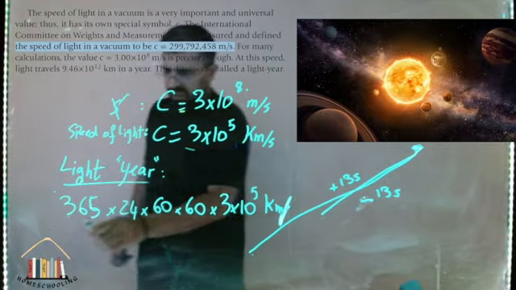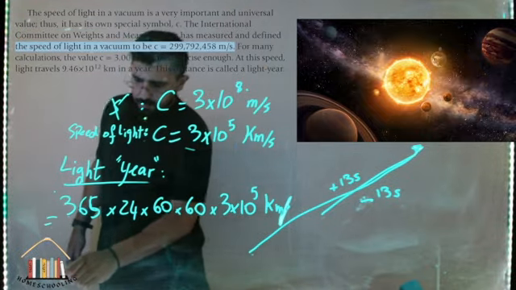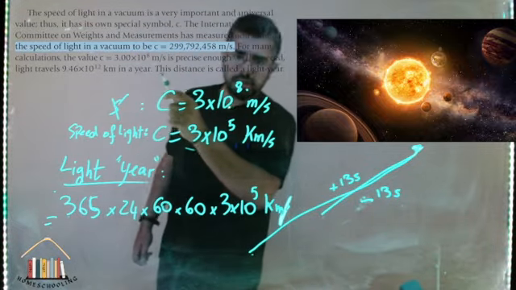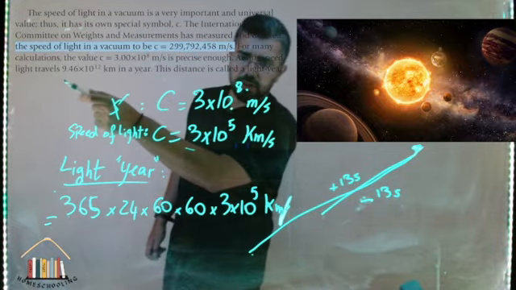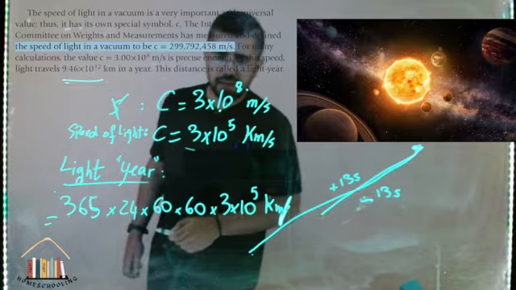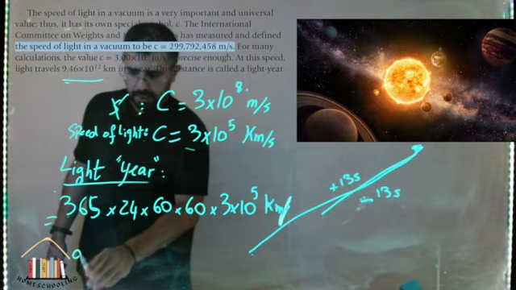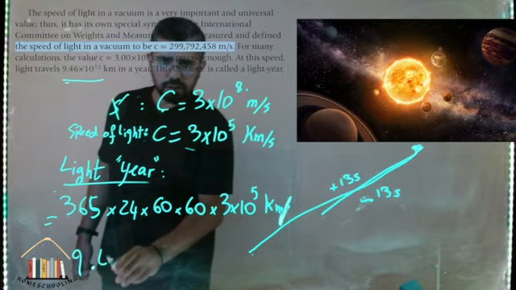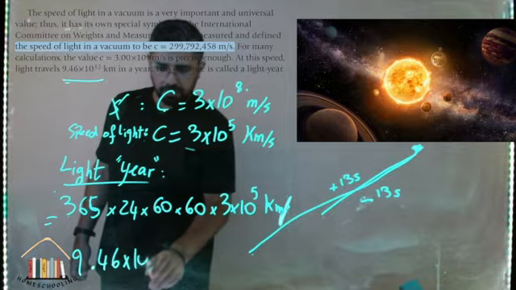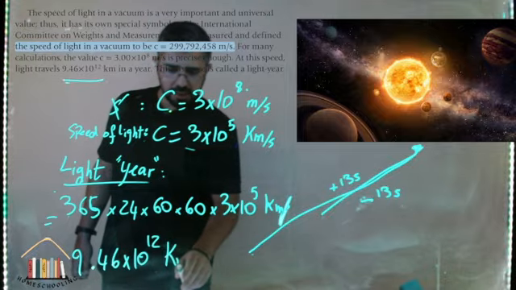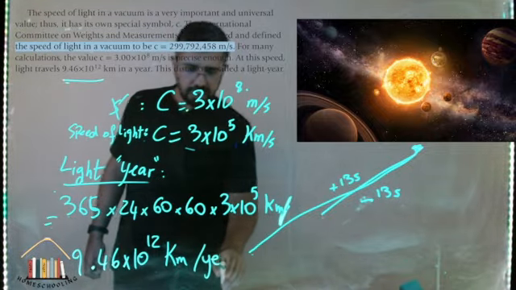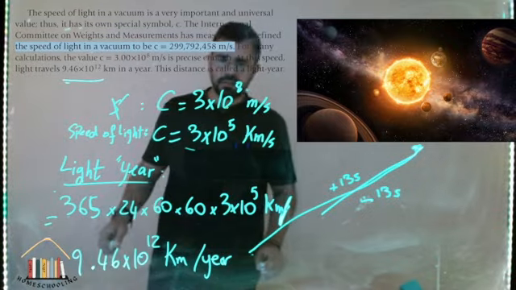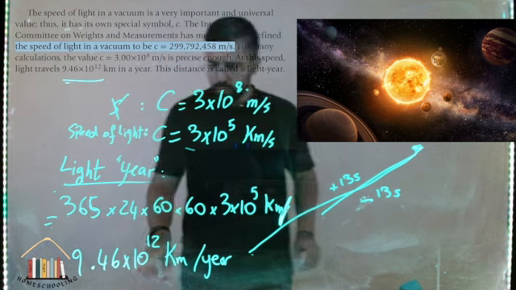When calculating this value, we get 9.46 by 10 power of 12 kilometers. You can do it on the calculator and you get this value, 9.46 by 10 power of 12 kilometers per year. So that's the distance light covers in a year. You know what 10 power of 12 means?